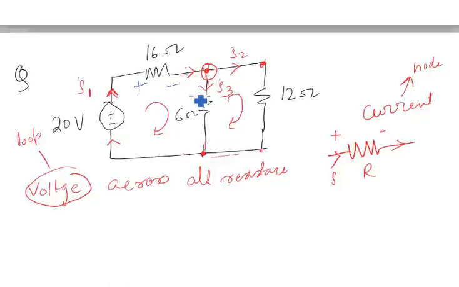Again, next current I3 enters, this is positive and this is negative. Then I2 enters here, so this is positive, this is negative. So just identify the path and then apply KVL, Kirchhoff voltage law.